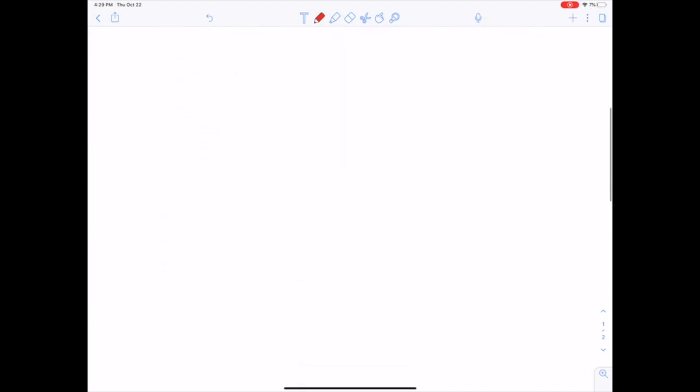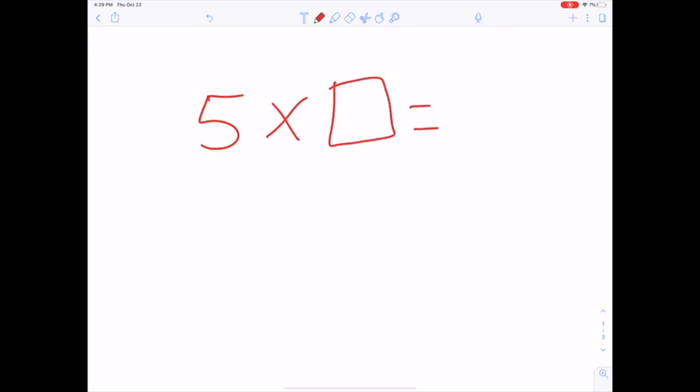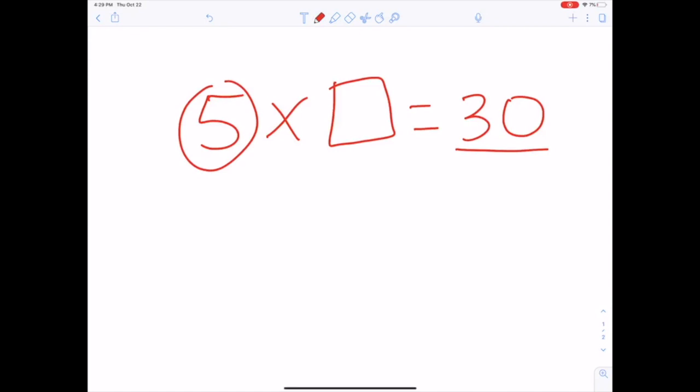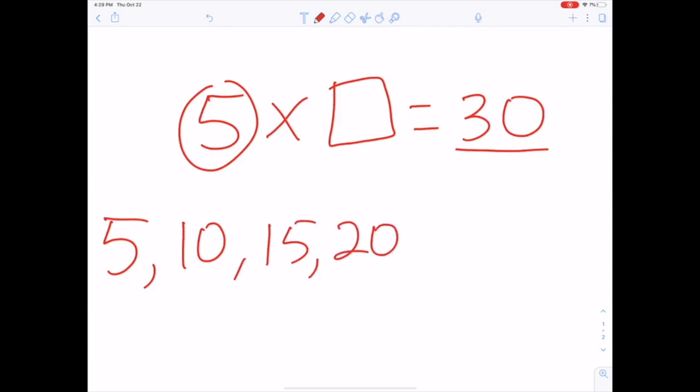Let's try another. So let's say we have 5 times blank equals 30. So 30 is my target number. That's the number I'm stopping at. And 5 is the number I'm counting by. So I'm counting by 5s. 5, 10, 15, 20, 25, and 30.